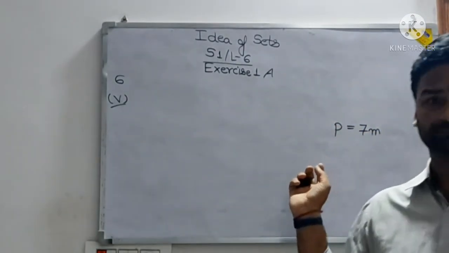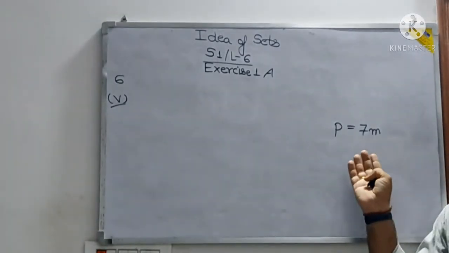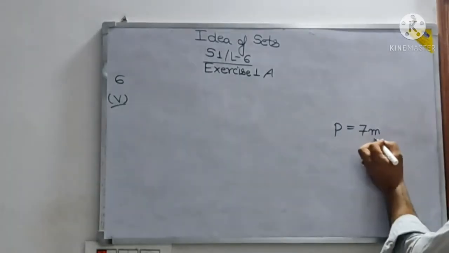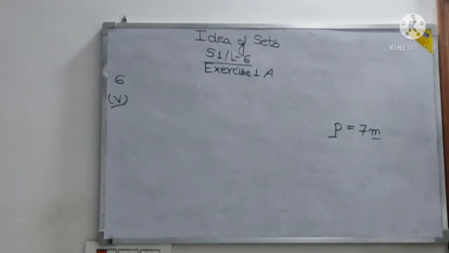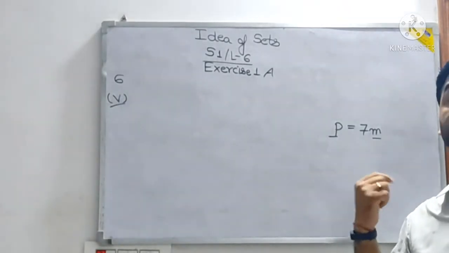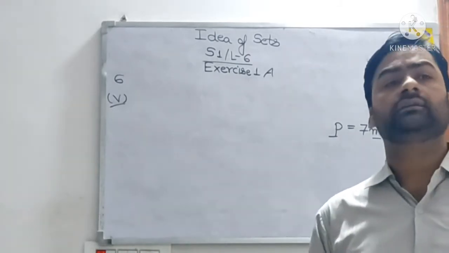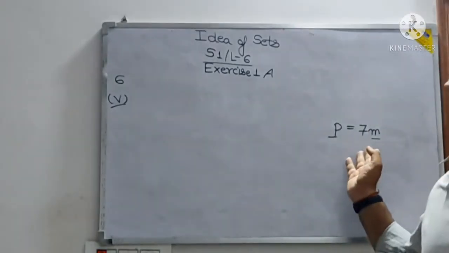If you have done algebra in class 7, P equal to 7m. That means, as I told in the last class, m is the independent variable, P is the dependent variable. The value of m decides the value of P, and certainly the question will give you the value of m.